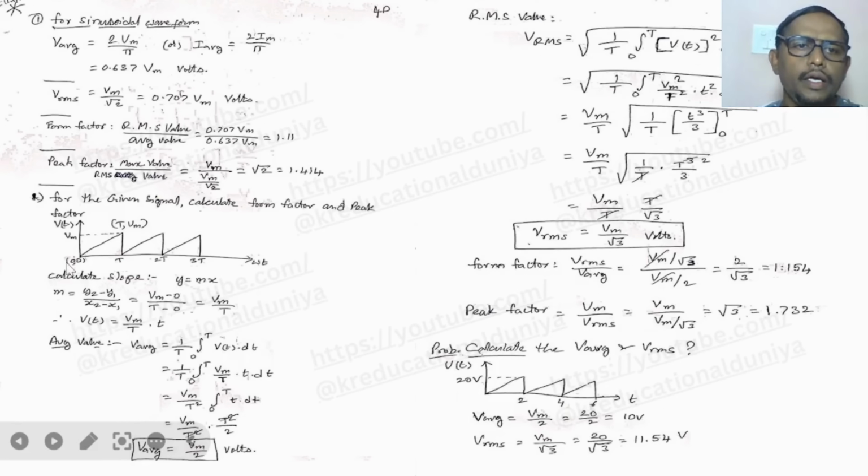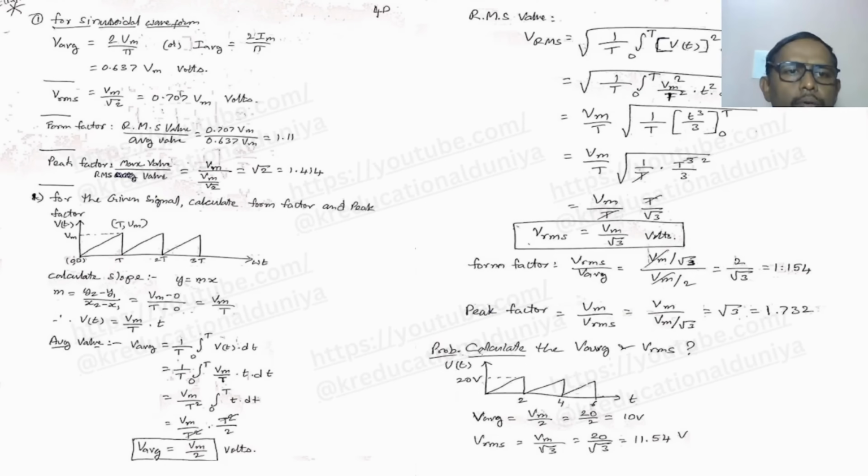X-axis omega t, y-axis v of t, and here the maximum value on the y-axis is Vm, and the time period is up to T. So at this point the coordinates are T, Vm, x comma y. Calculate the slope. First of all, y equal to mx. So m equal to y2 minus y1 by x2 minus x1.